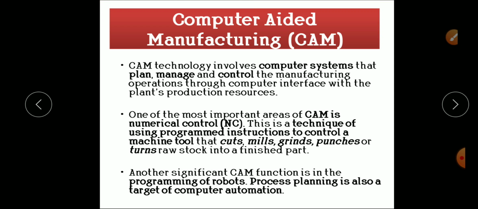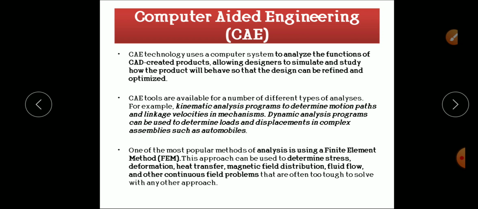This is the technique of using programmed instructions to control a machine tool that cuts, mills, grinds, punches or turns the raw stock into the finished part. Another significant function of CAM is in the programming of robots. Process planning is also a target of computer automation.